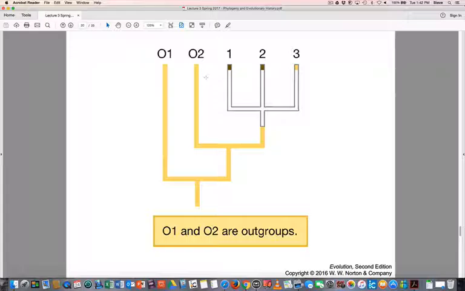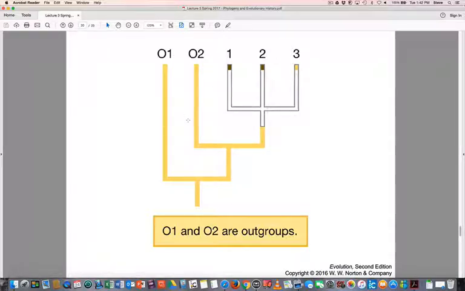Here we have outgroup species 1, outgroup species 2, and the common ancestor to all of them. Here's the common ancestor to outgroup species 2 and species 1, 2, and 3, or the in-group. As you go up this branch, you'll see it's not a completely resolved phylogeny. It's what we call a polytomy, so we don't necessarily know the relationships between 1, 2, and 3.